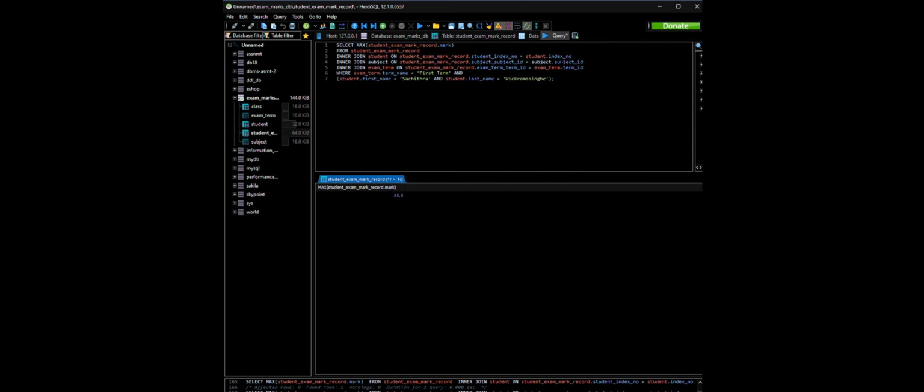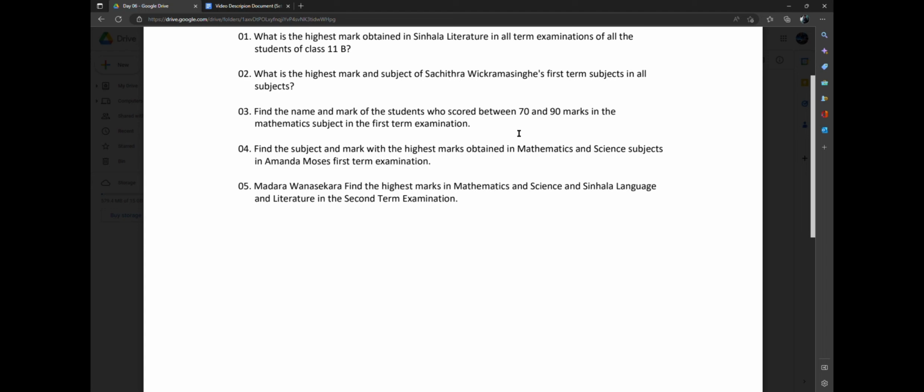Let's move on to our third question. Find the name and mark of students who scored between 70 and 90 marks in the mathematics subject in the first term examination. Alright, let's answer this question.